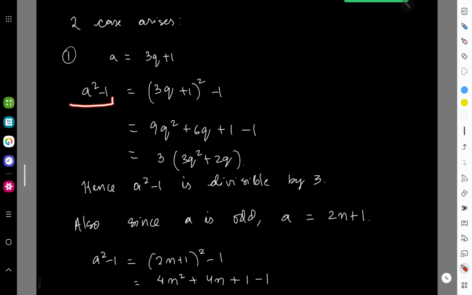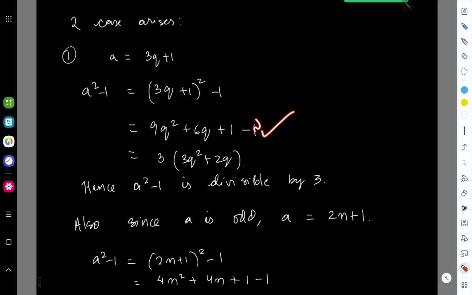Now what we are concerned about is a square minus 1. Here I have substituted the value 3q plus 1, and there was a square over here, so I've written the square here. Minus 1 comes from here, and I have expanded this term using the identity a plus b whole square.